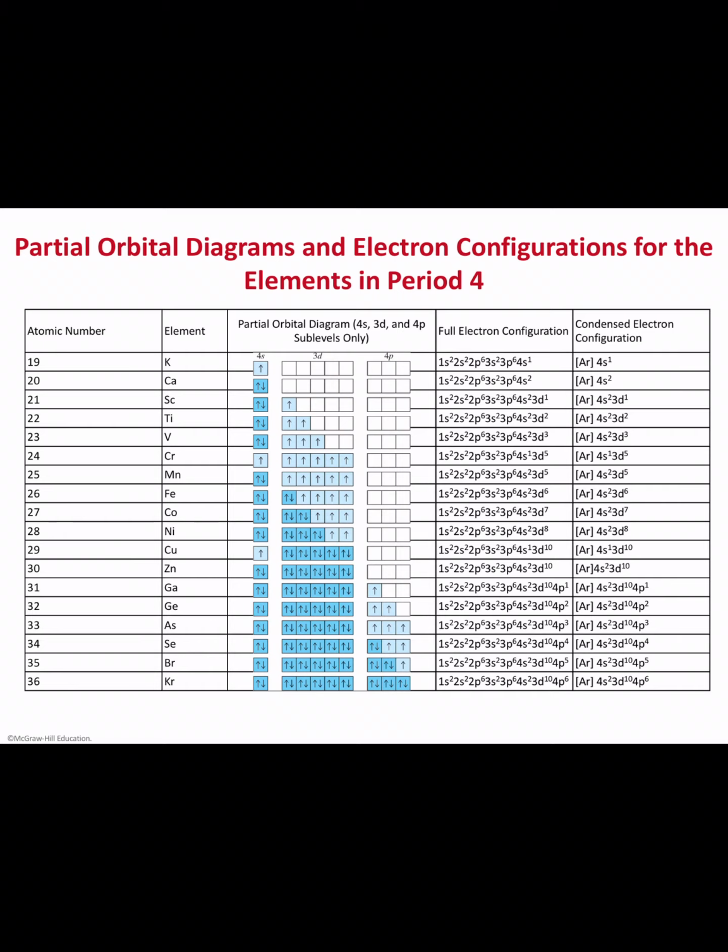I'm going to choose nickel right there. Nickel, atomic number 28. So we have to fill up nickel all the way up to 28. So I'm going to show you how to write this configuration that they have written over here. Okay, so nickel, 28. So we're going to use this diagram.